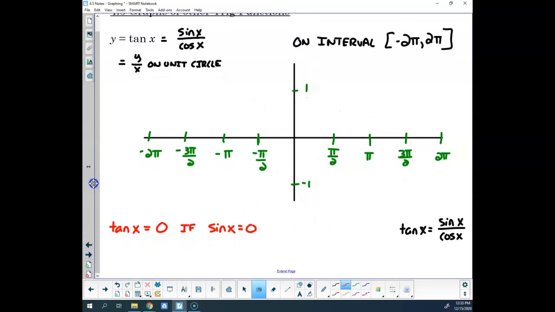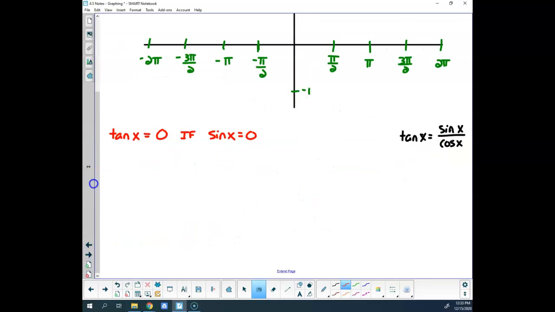So tangent is 0 if sine is 0, and that happens at x equals 0, pi, 2 pi, negative pi, and negative 2 pi in the interval I'm dealing with.